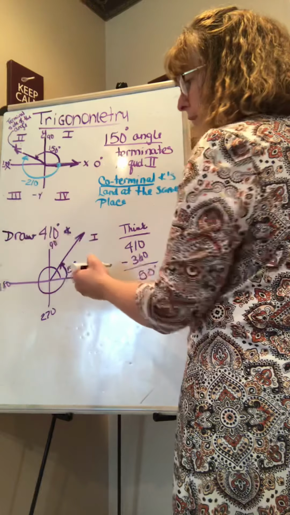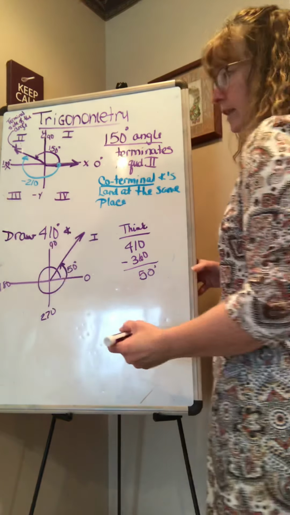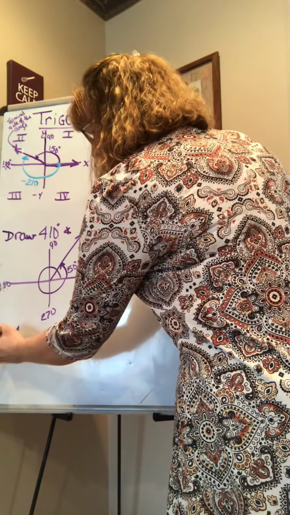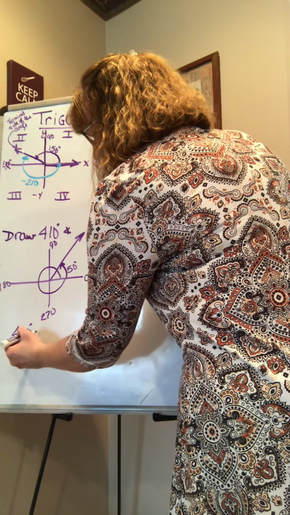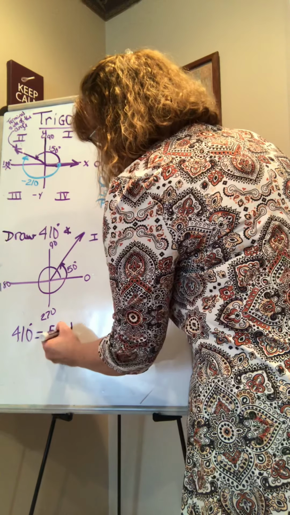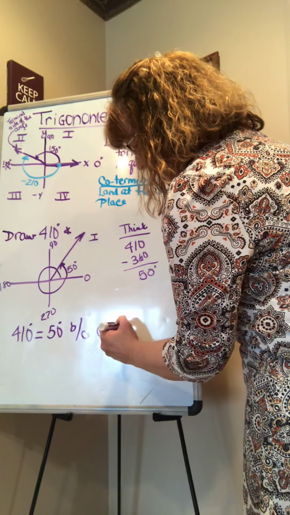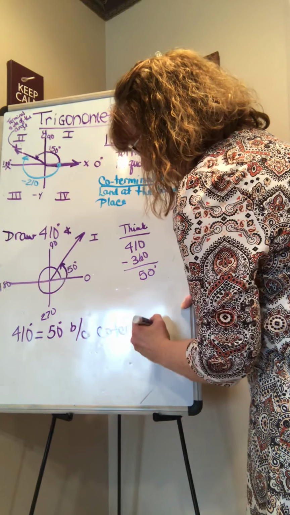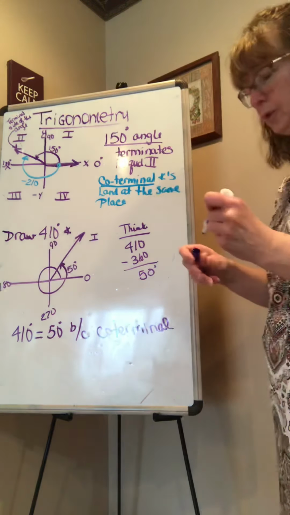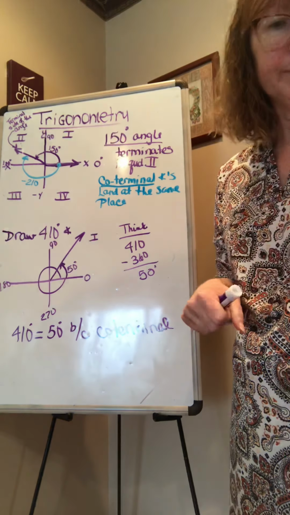So coterminal with 410 is also 50 degrees. So 410 is going to equal 50 degrees because coterminal: the two angles terminate in the same location.